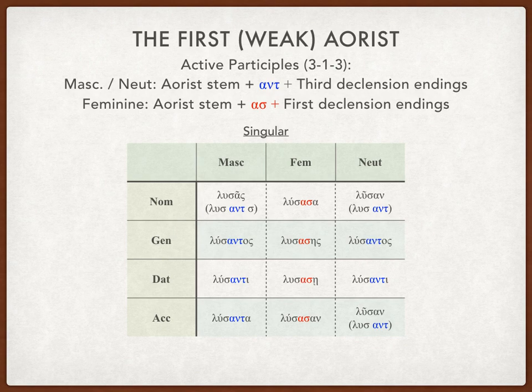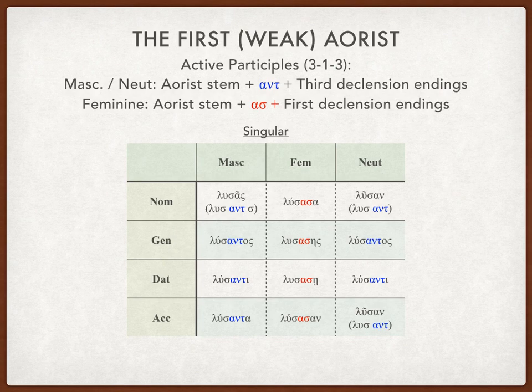Now we're going to talk about aorist participles in the first weak aorist. Just like with the active participles in the second aorist, I'm going to follow a 3-1-3 system. And these are actually pretty much analogous to those active second aorist participles because it's formed by a simple system. I'll start with the aorist stem in all three columns.